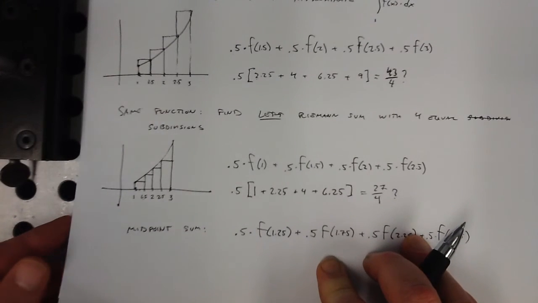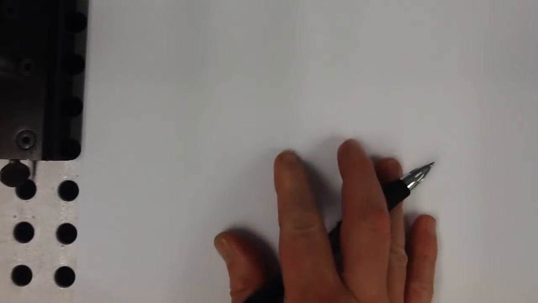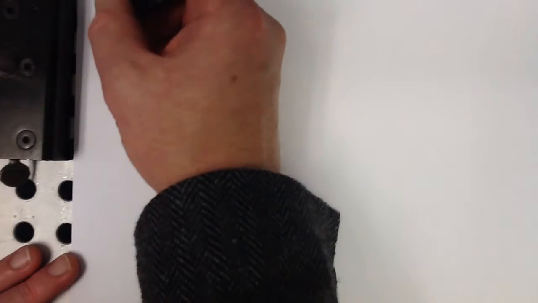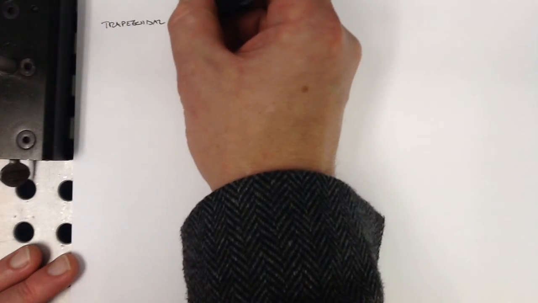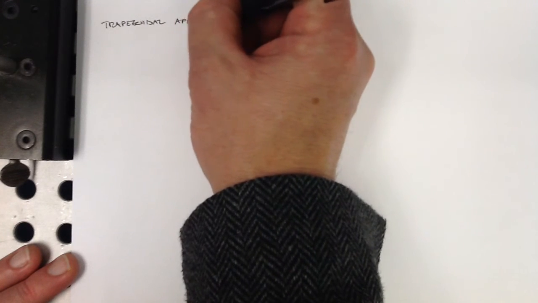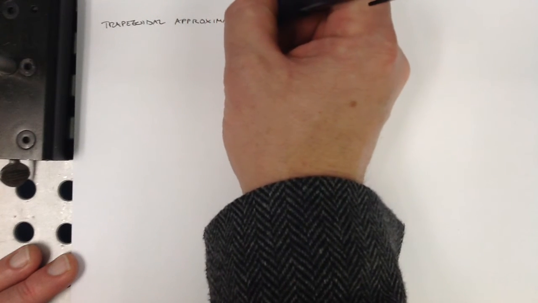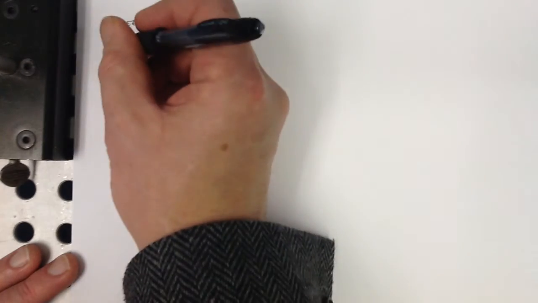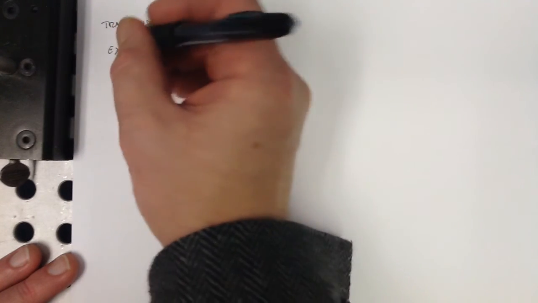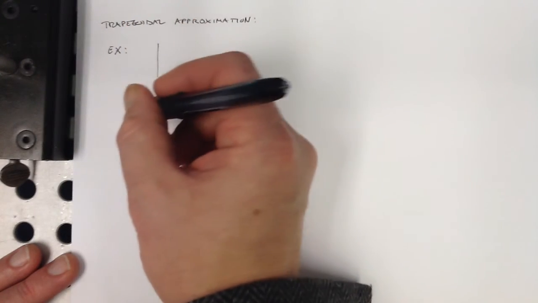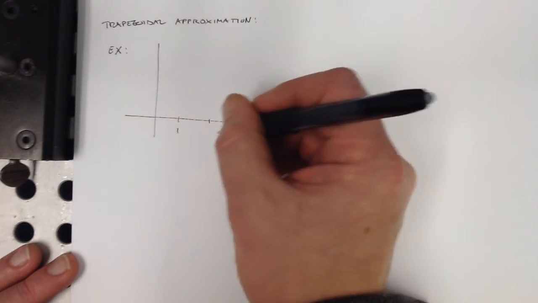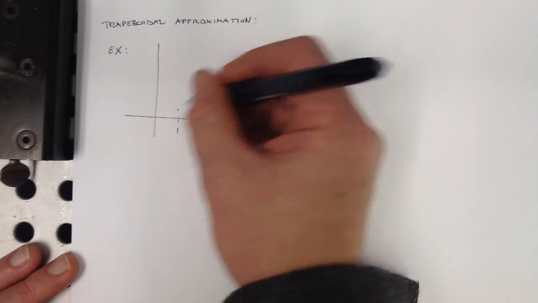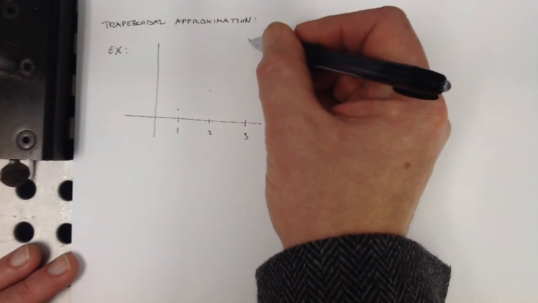And then, last but not least, we also can use a trapezoid approximation. And just for thoroughness, I'm going to use the same example so we can compare what we got. So here's my same function, 1, 1, 2, 4, 3, 9.